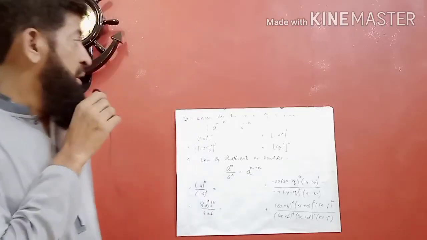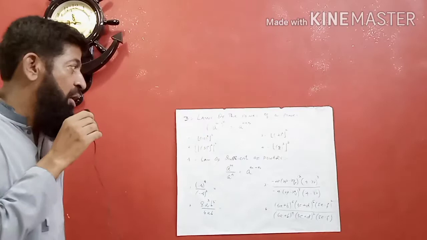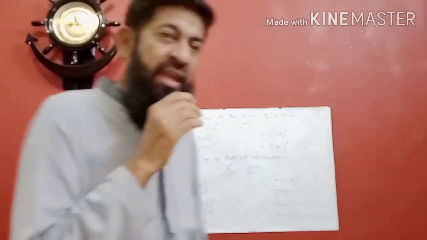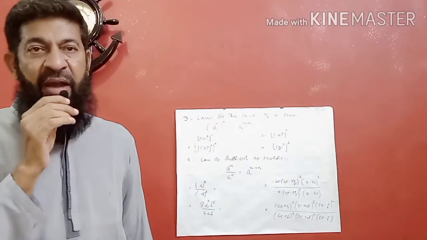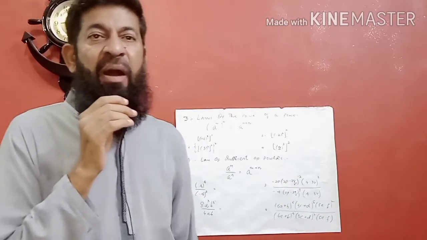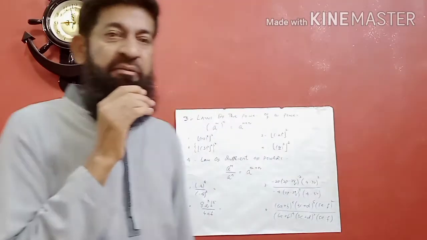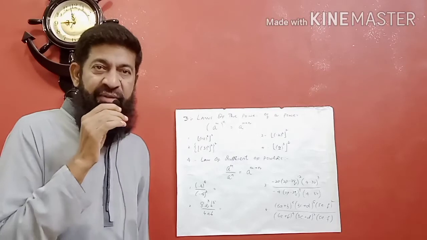Okay beta. Now the law of the power of a power means any number or a variable containing a power m raised to power n. That means a base contains two powers, so we multiply the powers.